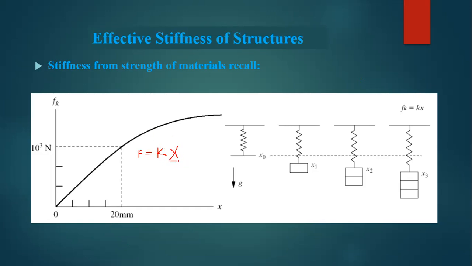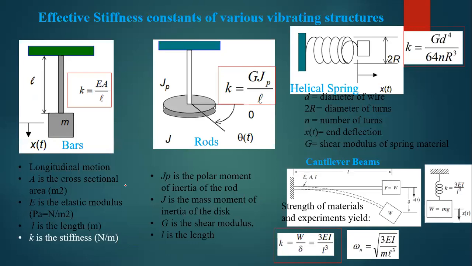We can take this as delta. The strain energy in the material is equal to half kx squared. U is equal to, for example, the area under this graph, which is the strain energy or spring potential energy, equal to half kx squared. So how can we find the effective stiffness constants of various vibrating structures?